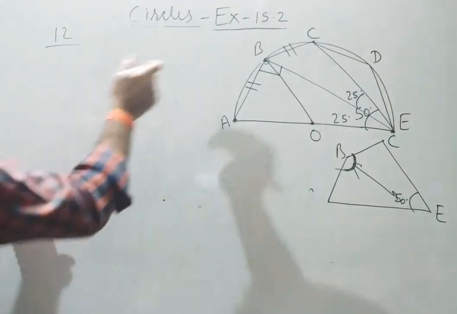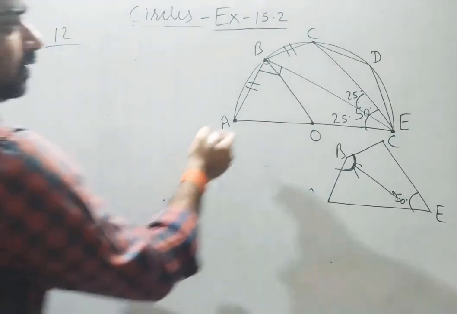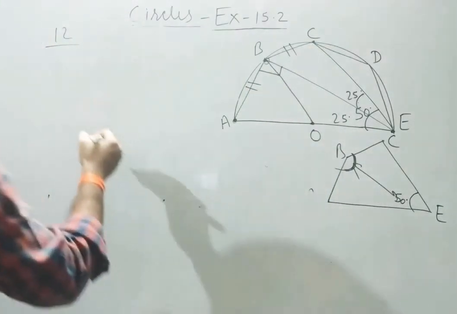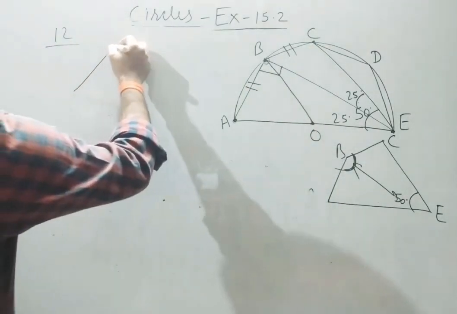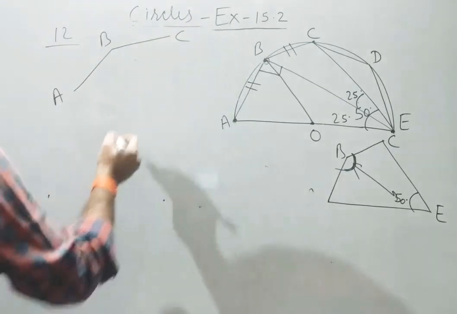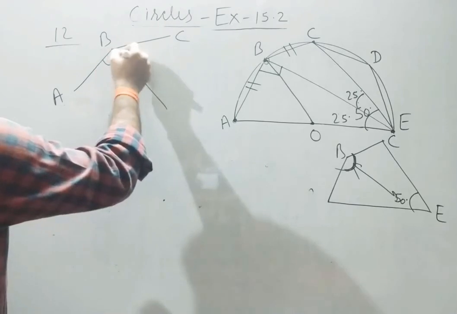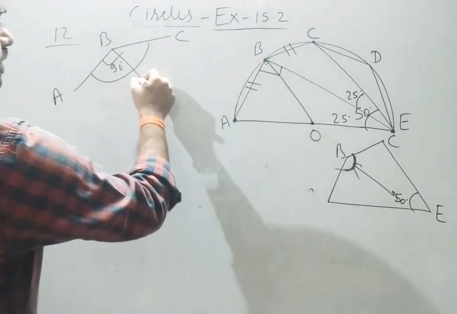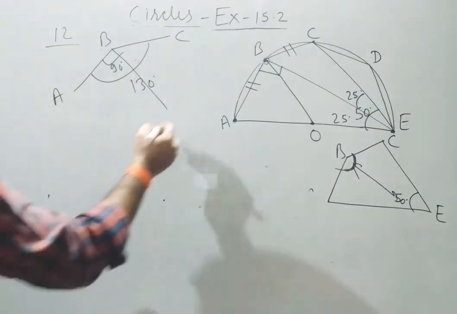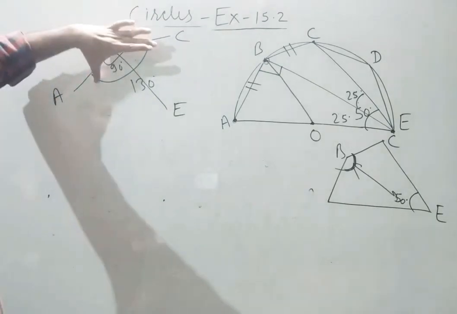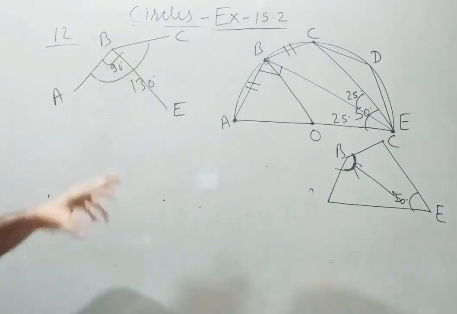So this angle is 90 and the complete angle ABC is 130 degrees. Then what is the value of angle CBE? See, ABC complete is 130 degrees.